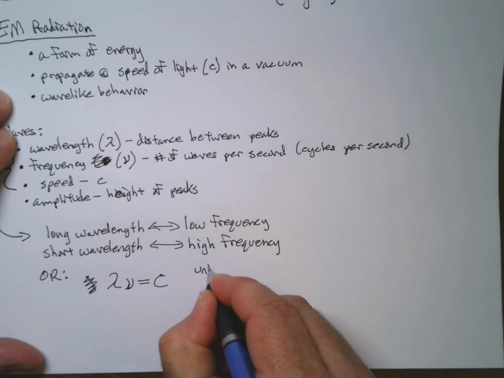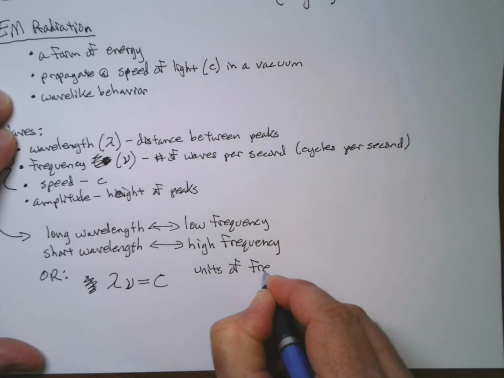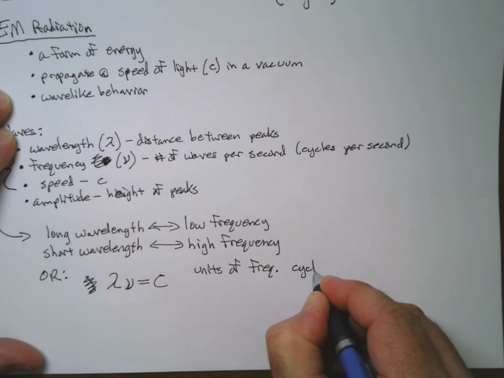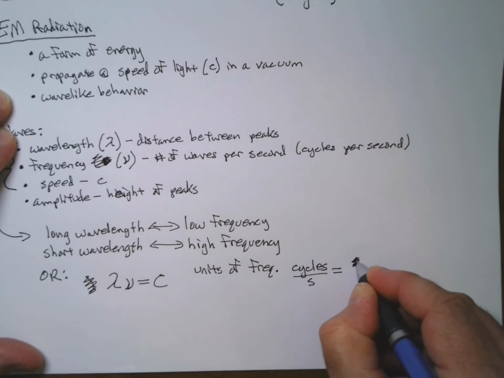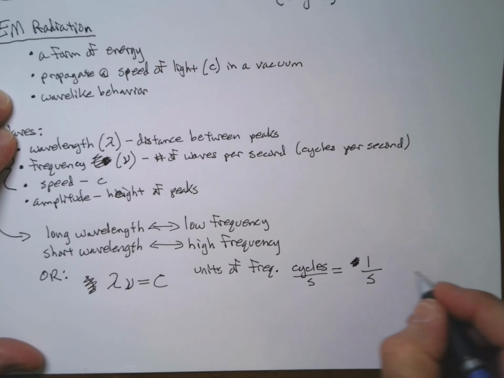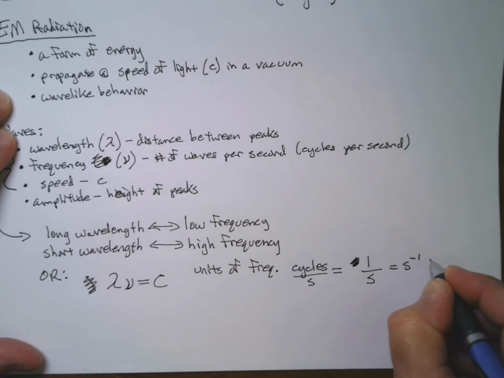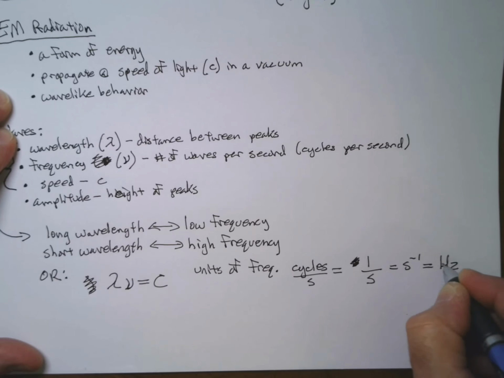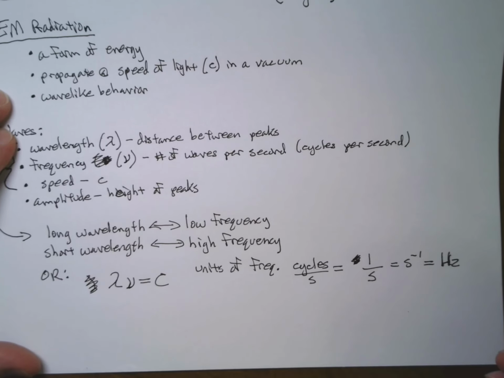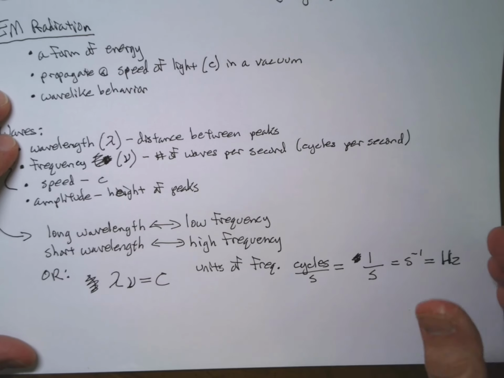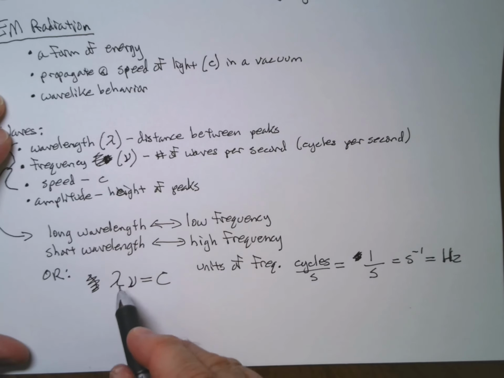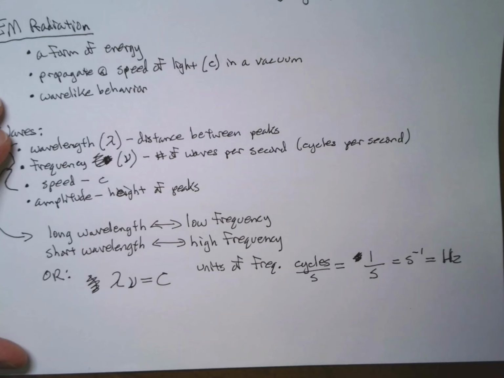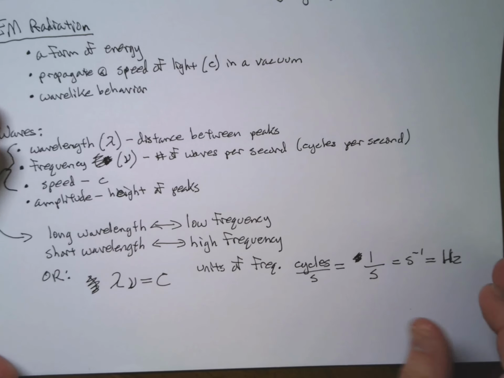And units of frequency are cycles per second, or 1 over seconds, reciprocal seconds, or seconds to the minus 1, or hertz, capital H, lowercase z, named after a scientist by the name of Hertz, who did a lot of work with electromagnetic radiation back in the early 1900s. All right, so remember this, lambda nu equals c. We will run across that a little bit later.